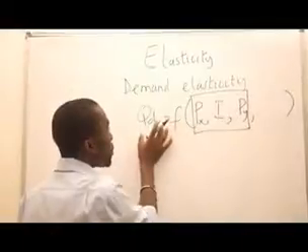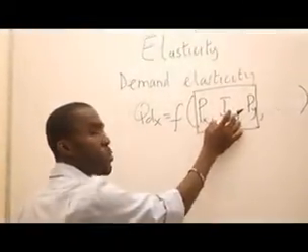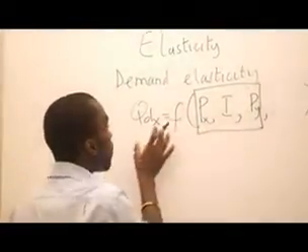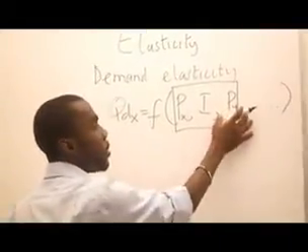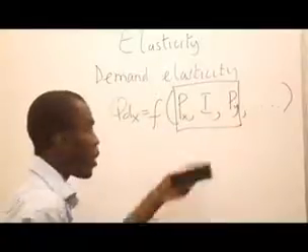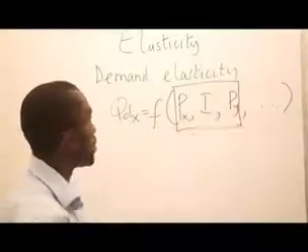What will happen to the quantity of X if the consumer's income changes? And then what will happen to the quantity demanded of X if the related good also has a price change?